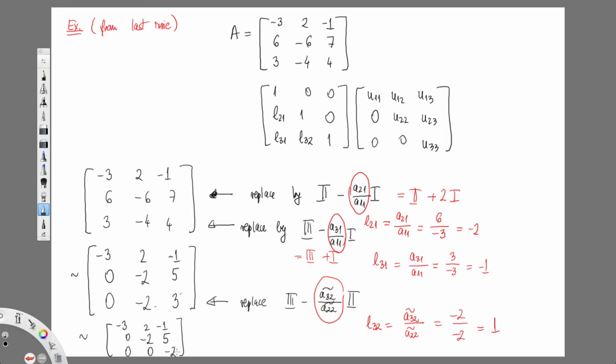What is my U? Your upper thing, that is. This one here. So this is U. What is my L? So my L is, I have 1, 1, 1. Minus 2, minus 1, 1.